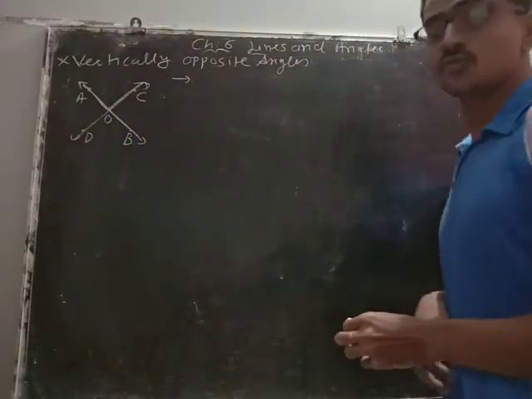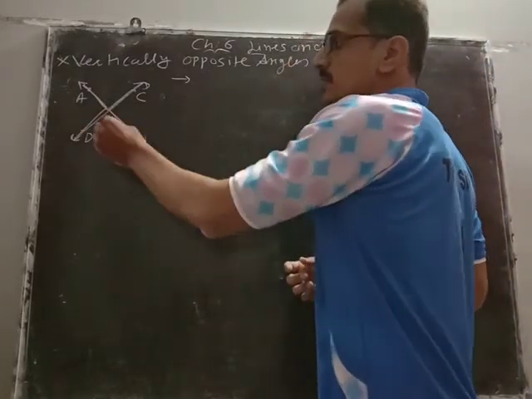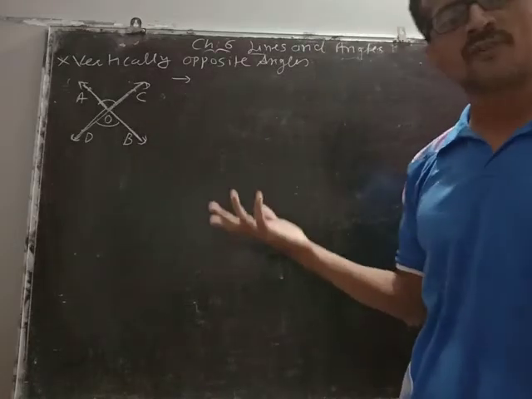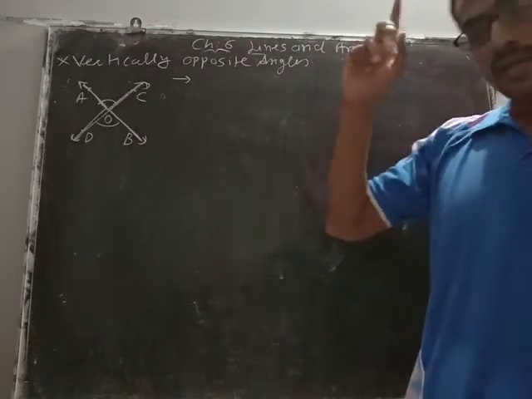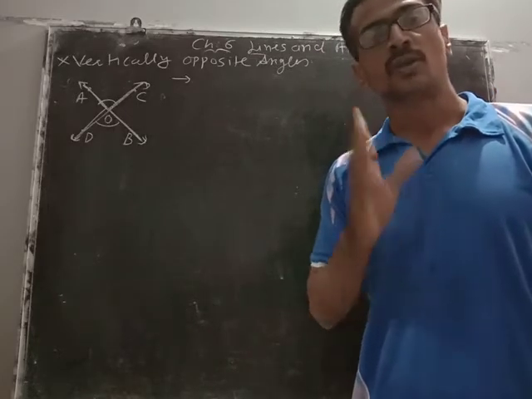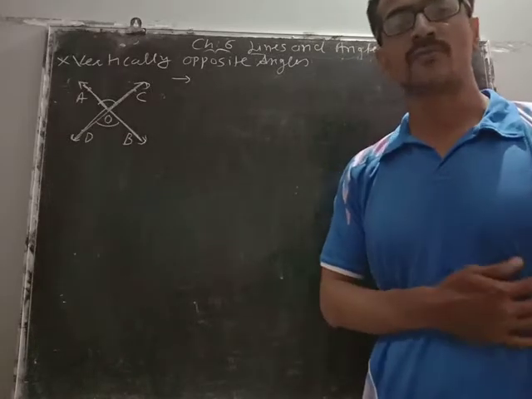Check it out, angle AOC and angle BOD. So these two are called vertically opposite angles. So how can we define vertically opposite angles? If two angles form which have both arms as opposite rays, then they are said to be vertically opposite angles.